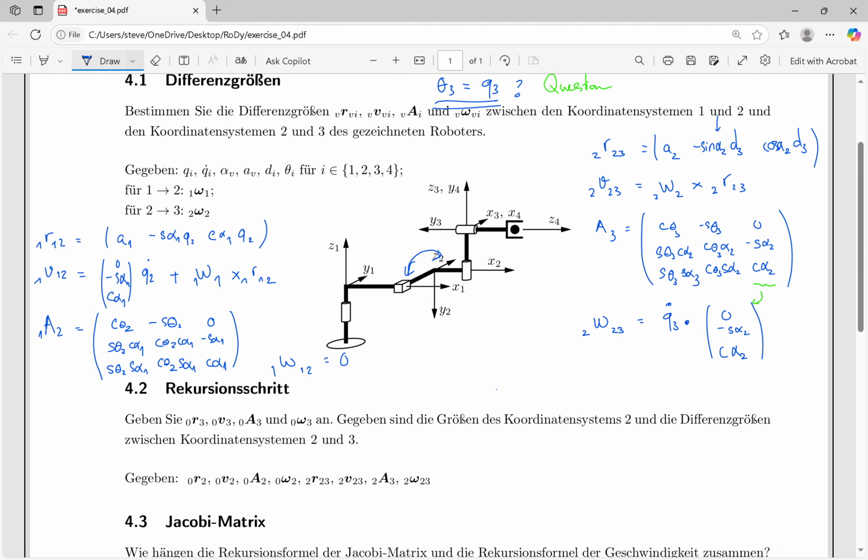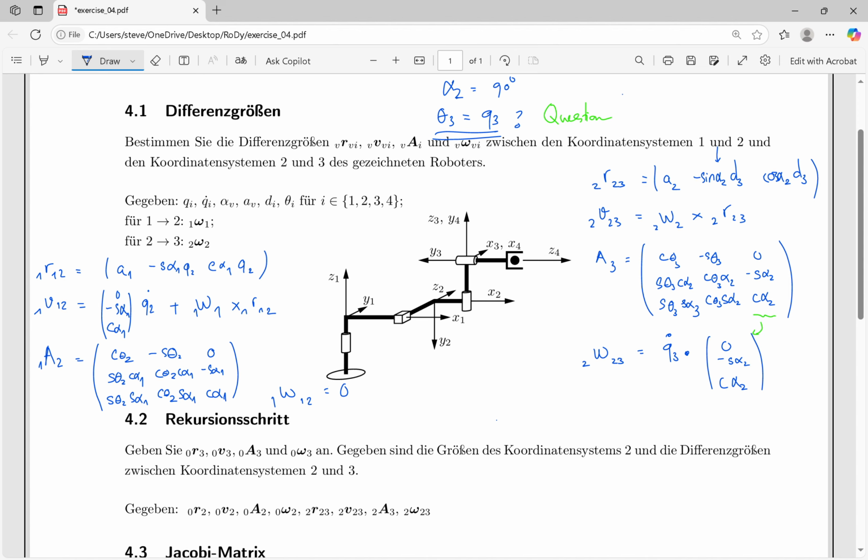Now, where is alpha 1? Alpha 1 is the rotation angle between the two z-axes. And in this case, it would be rotating from 2 to 1. No, actually, alpha 1. Hold on a minute.